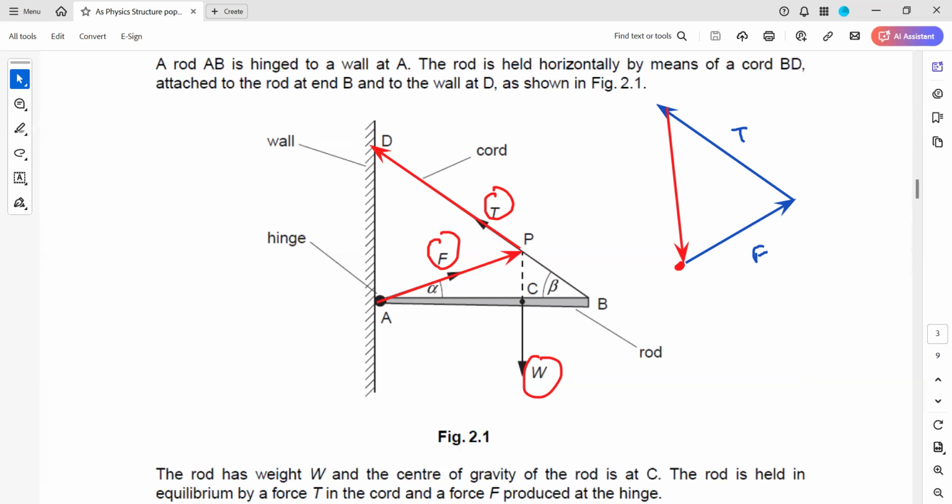The second thing. Is the first point clear? When an object is in equilibrium and we add all the forces, we should return back to the same point. So one of the reasons why the force F should pass through point P, and the force T also passes through point P, is that when we get the resultant of these forces, the force triangle should be complete.